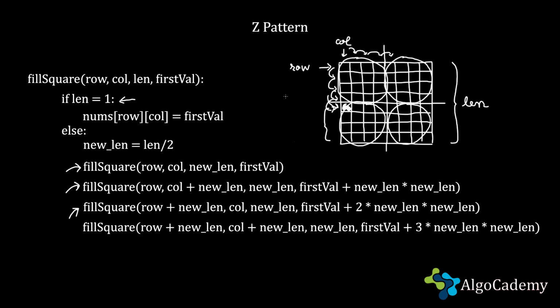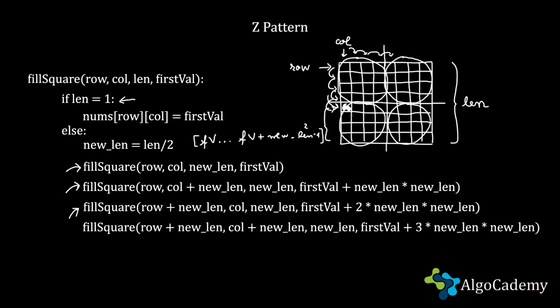So if from first val, let's call it FV, just to be shorter, if from first val I have written new len squared values in the first 2 quadrants, that means that the last value that I've written was first val plus new len squared minus 1.